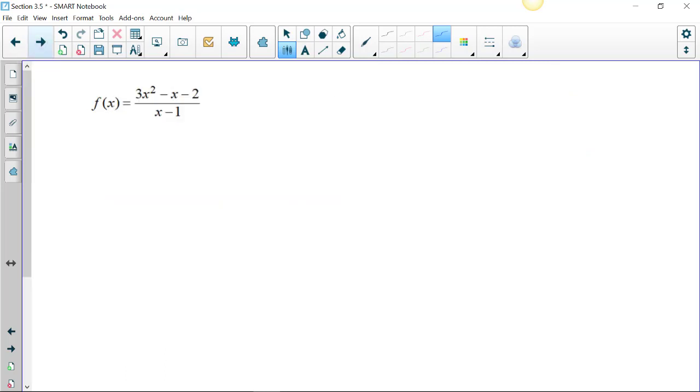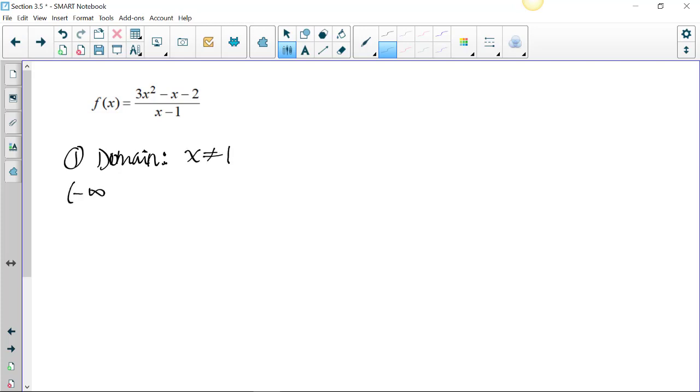Okay, let's look at another example. Now, this is a tricky one. Okay, follow the rules. Rule number 1, find the domain. Factor the denominator, find the zeros of the denominator. Well, can't factor it, so I know that x cannot be 1.